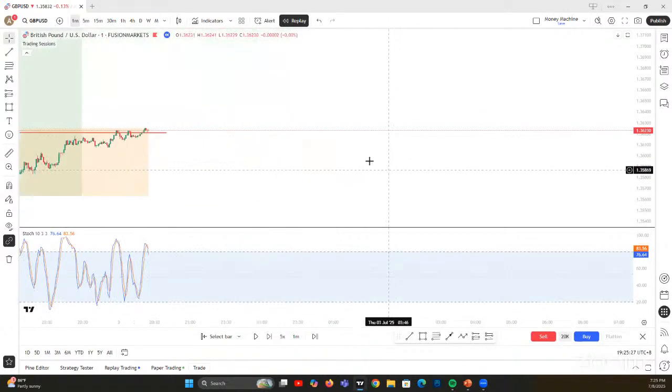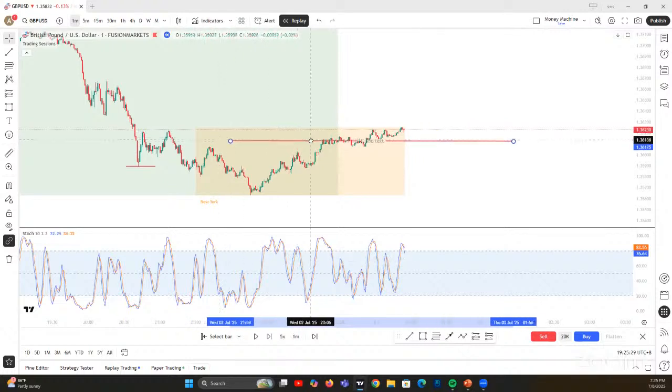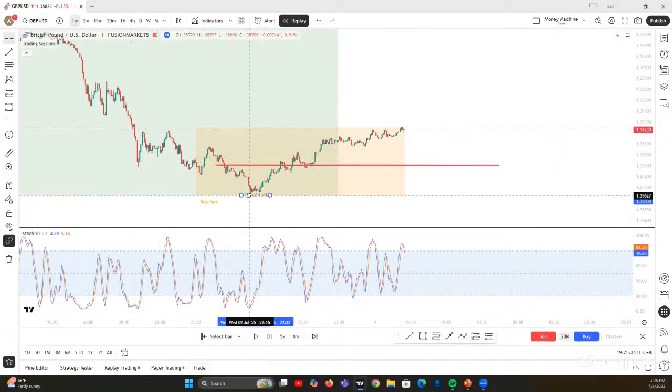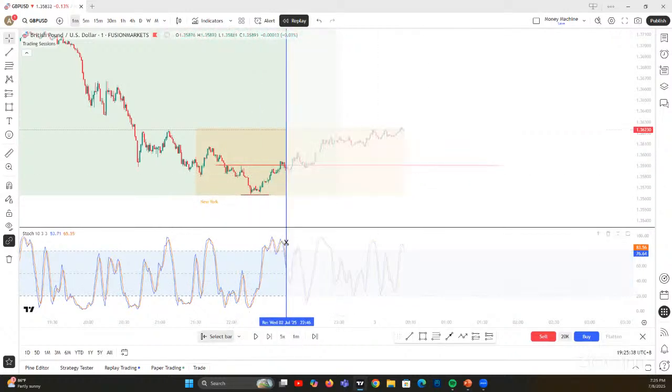We haven't adjusted our higher highs and higher lows. So this was the higher high and this was the lower low at that particular time. Now it got broken.